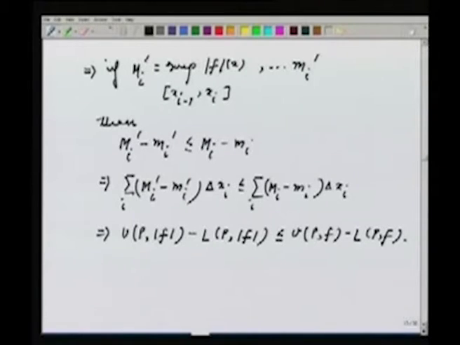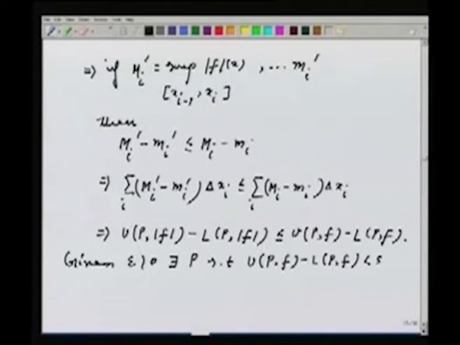Now, since f is Riemann integrable, I know that given epsilon bigger than 0, there exists a partition P such that U(P, f) minus L(P, f) is less than epsilon.